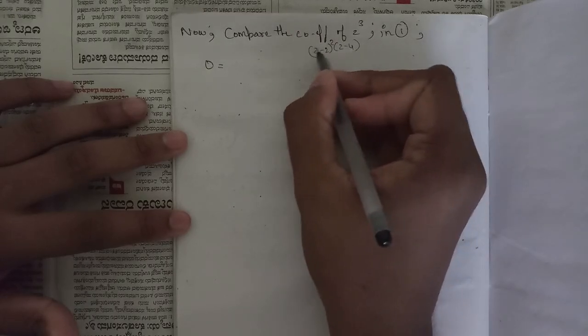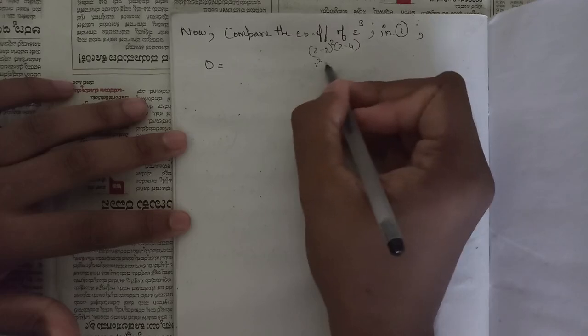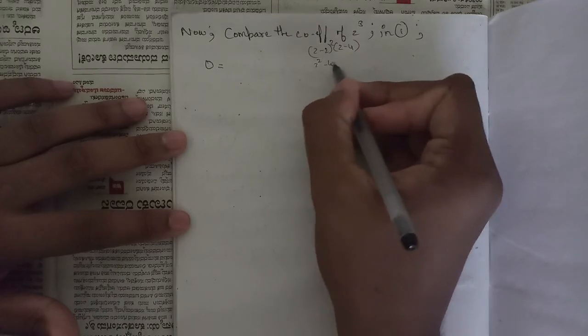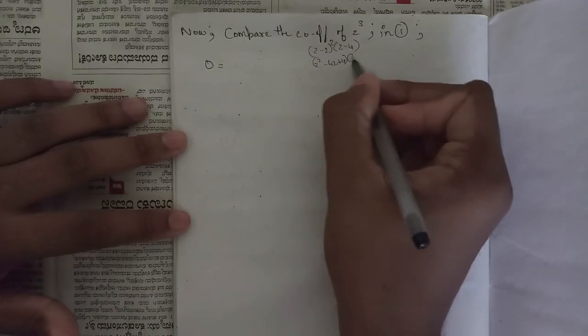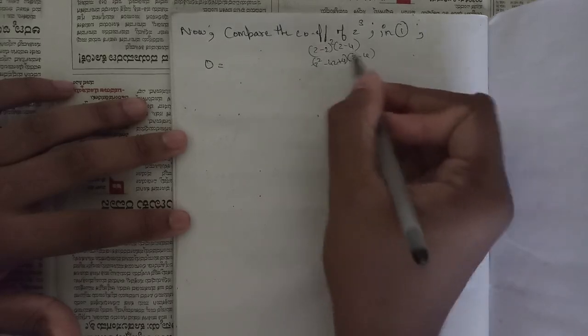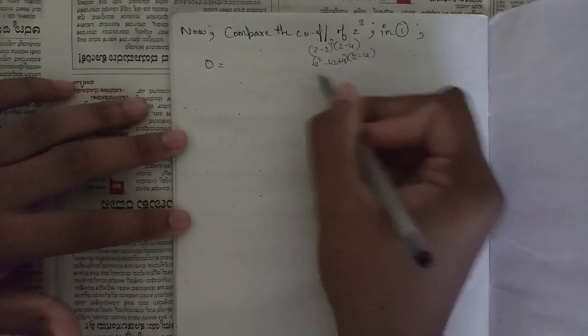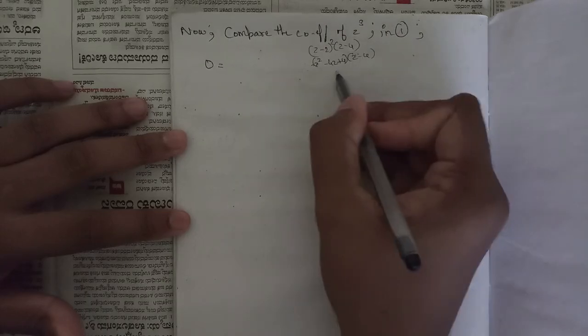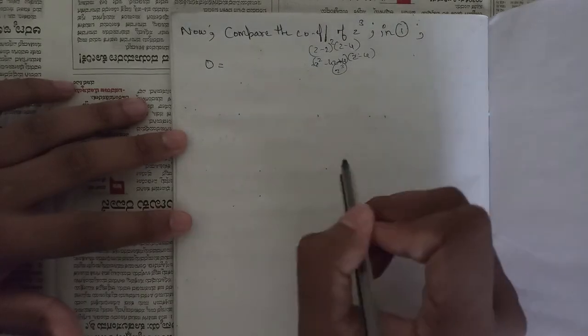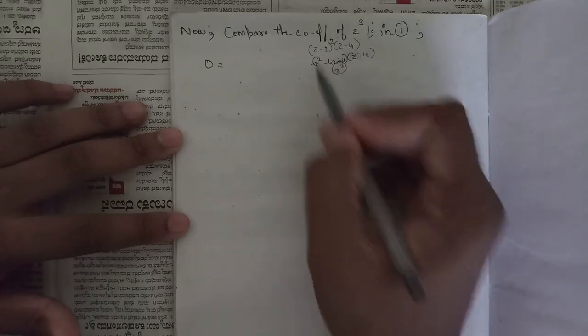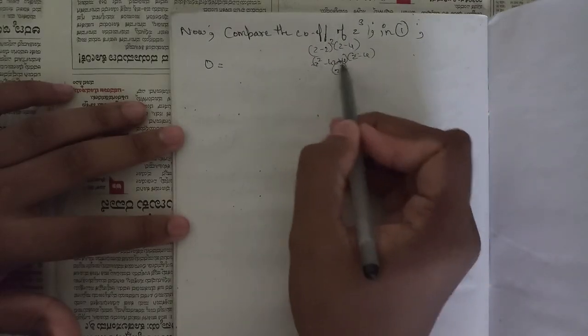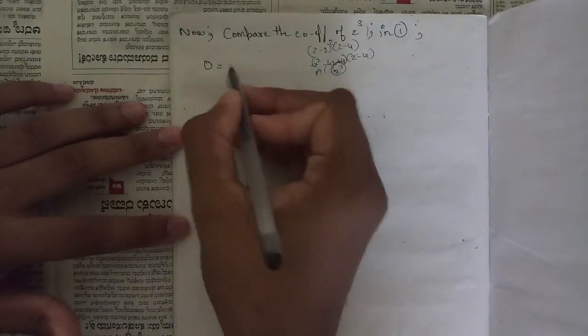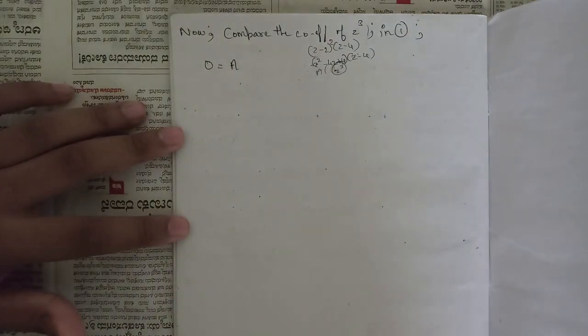While multiplying it out, we will get the z cube term as the highest term. If we expand this, we get z square minus 4z plus 4, right, into z minus 4. If we multiply z square into z, it becomes z cube. So we got z cube as the highest degree, so we need to consider that. So z cube is there, outside A is there, so A, right?